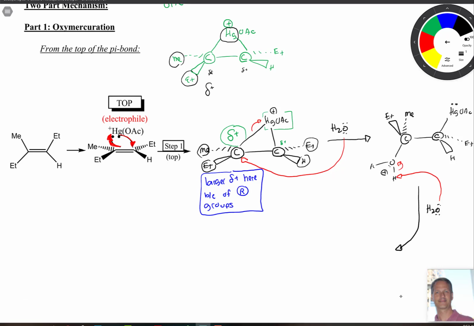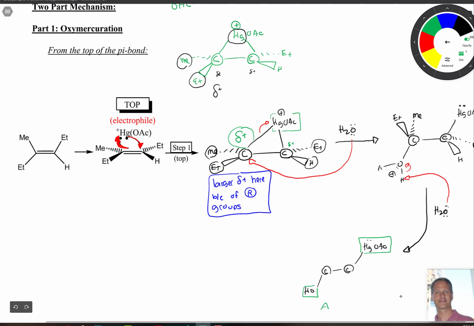Pretty straightforward step right there, but that's going to give us your carbon, carbon, HgOAc, right? Let you guys catch up in these positions. So again, that is anti.